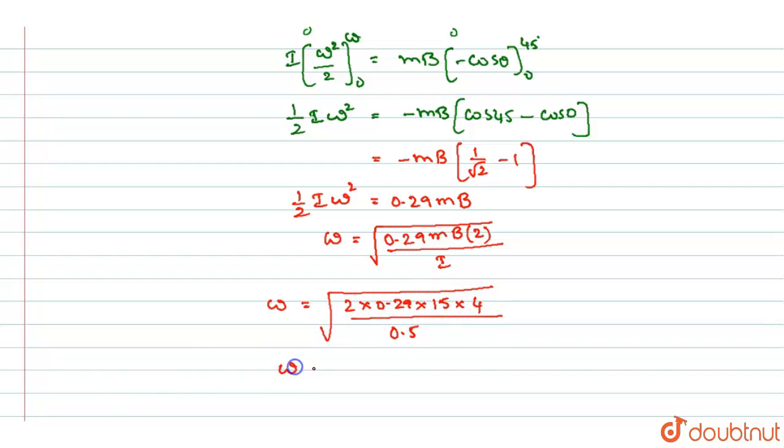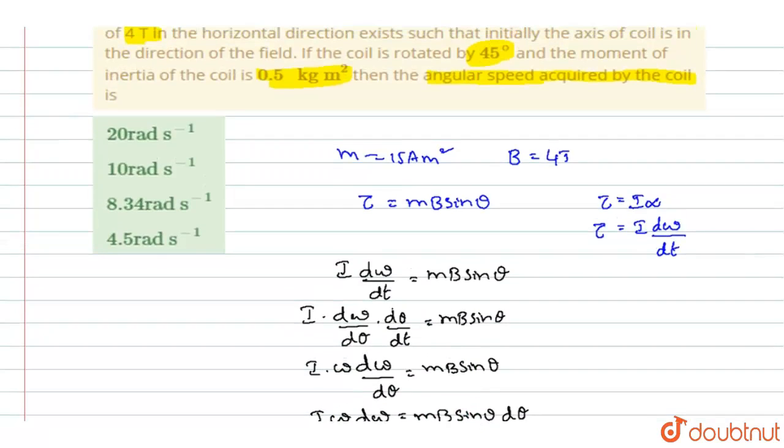So omega you will get as 8.34 radian per second. So the angular speed of the coil will be 8.34 radian per second. So you can see option C will be the right answer.